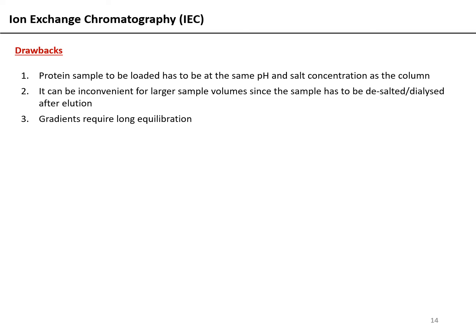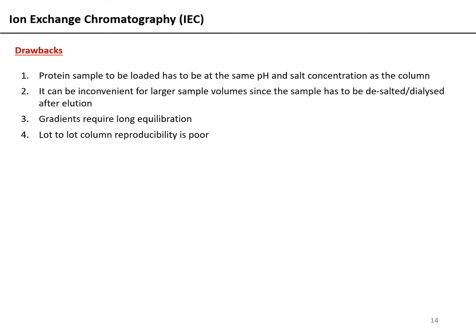Gradients require long equilibration because you will be taking a gradient elution where you gradually increase the salt concentration. So this requires longer times. And lot-to-lot column reproducibility is poor because these columns are commercially available and the entire capability of the column to bind and separate proteins depends solely on the resin itself, the quality of the resin.